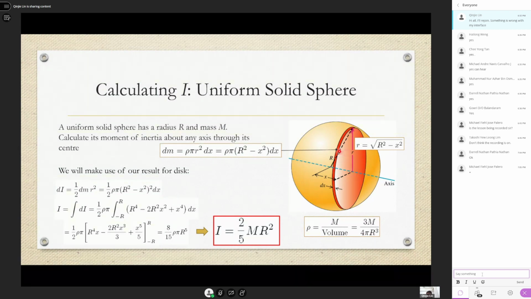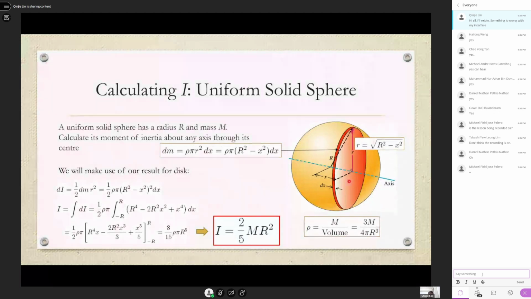From the center to where the disc is, you project the end back to the same axis of rotation. That will be our small r. And this small r will keep changing as we go along because it gets smaller and smaller. So r equals the square root of R squared minus x squared. That's Pythagoras theorem.